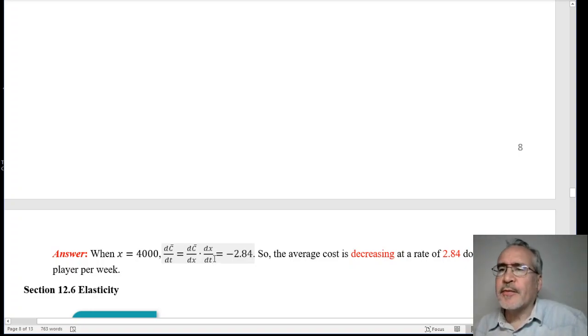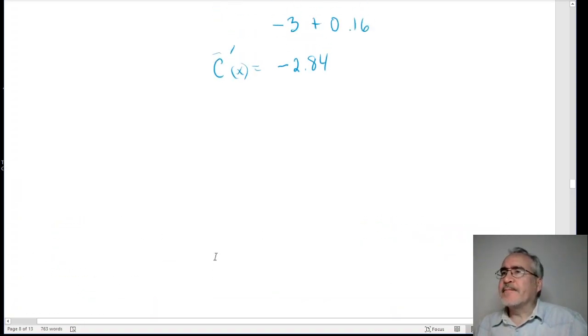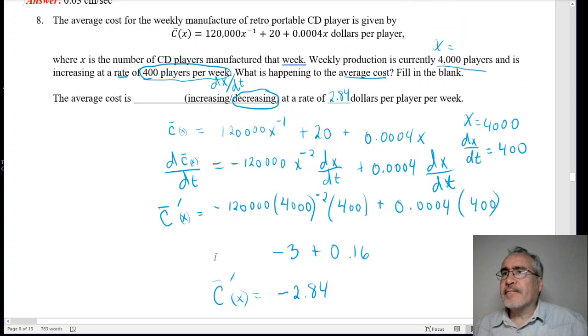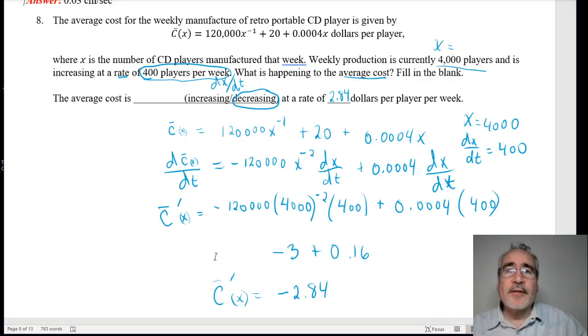I just go straight forward with the implicit derivative, the way we've been doing. It worked. Okay, so that's 12.5.